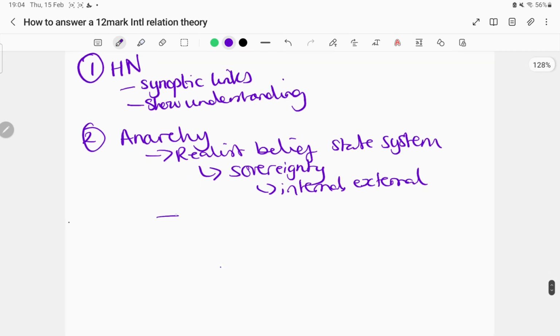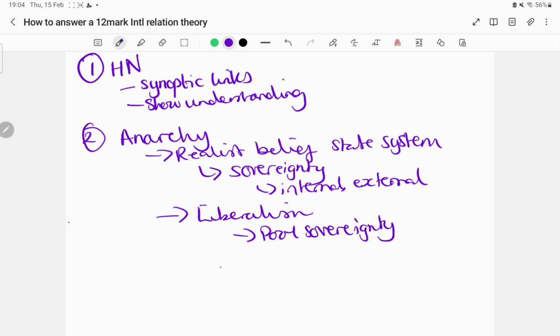And then I would talk about liberalism, while they're actually happy to pool sovereignty. That's my contrast. Of course, a good example being the EU, despite the Brexit backlash. This idea of the supranational authority.